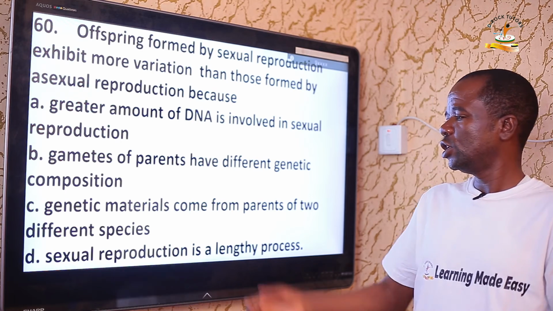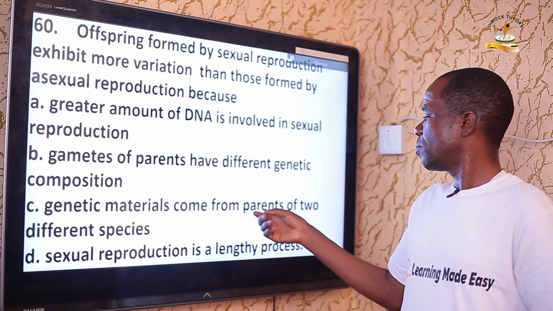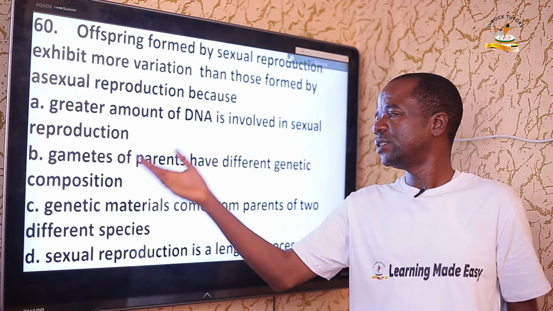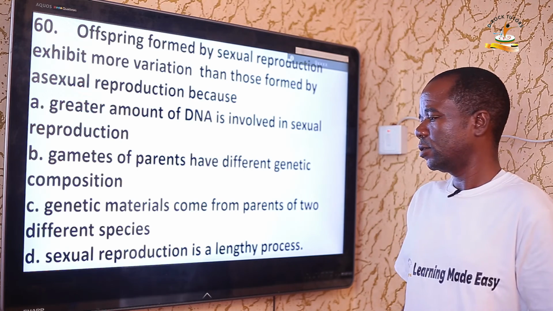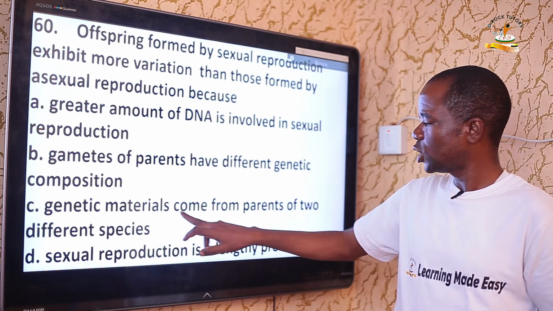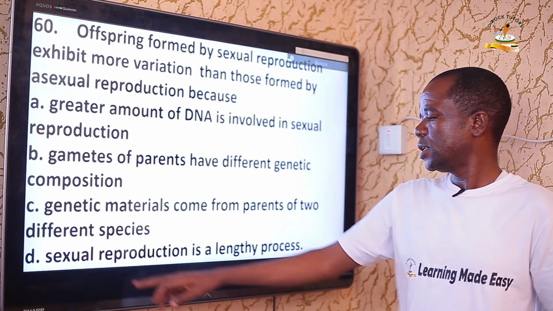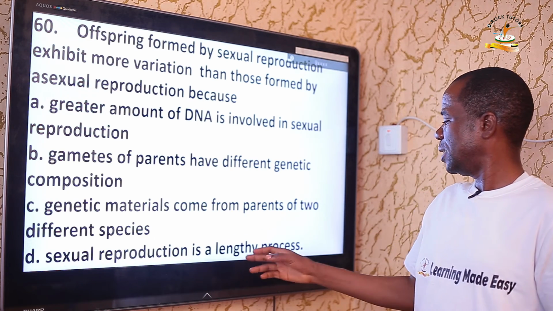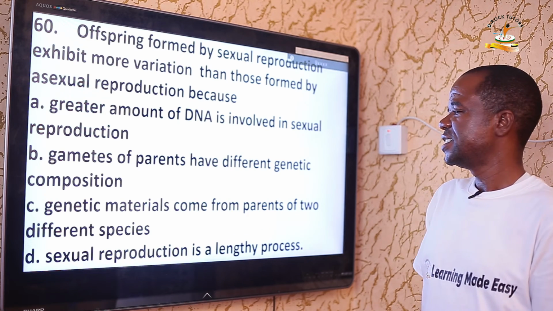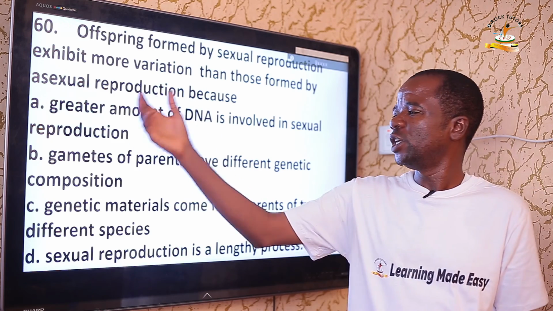Let's look at option C. Genetic materials come from parents of two different species. And sexual reproduction is a lengthy process, not at all. So the correct answer here should be B.